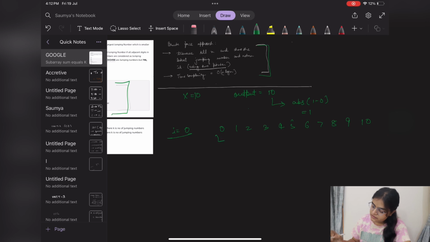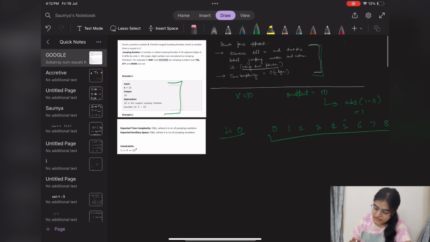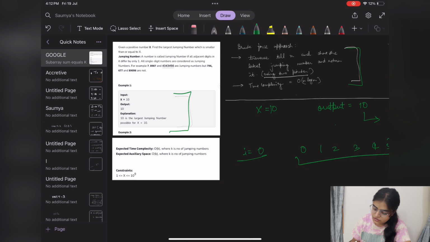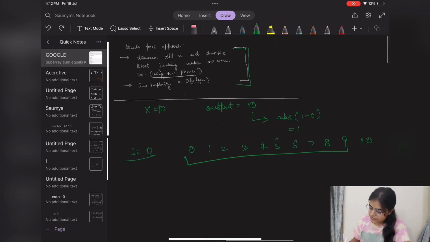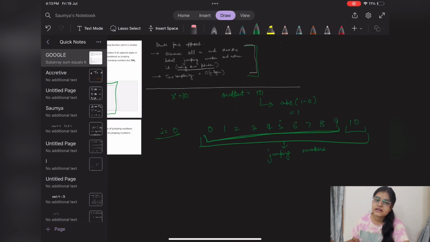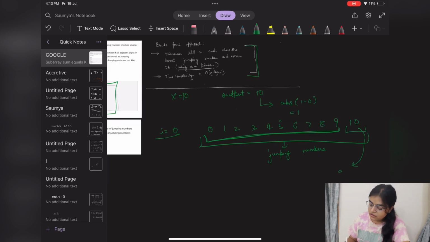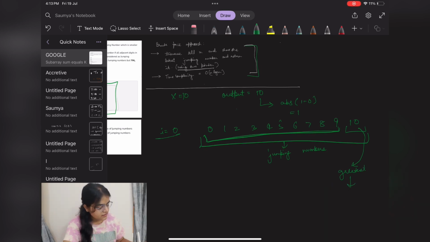All these are jumping numbers? Yeah. Here we read in the question that all the single digits are considered jumping numbers. Got it? So all the single digits are jumping numbers. 10 is also a jumping number since 1 minus 0 is 1. So the greatest among all the jumping numbers is 10. It will be our answer.